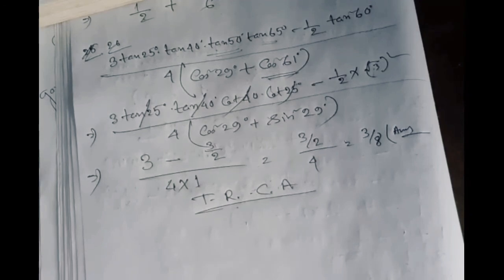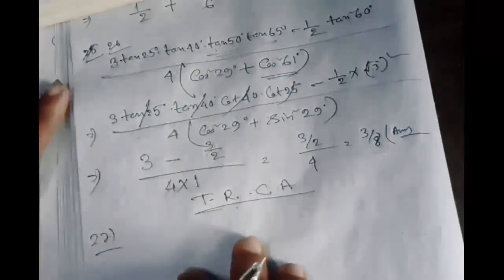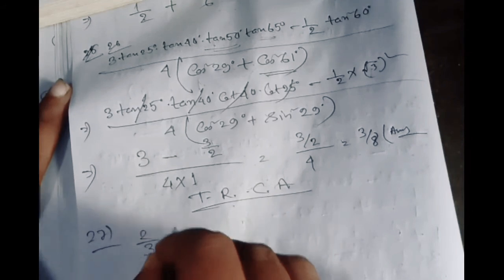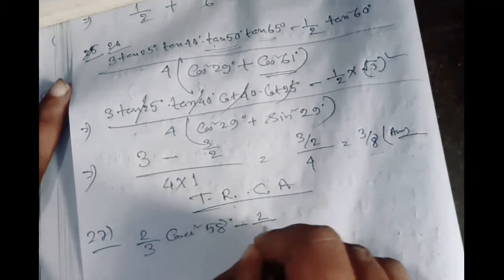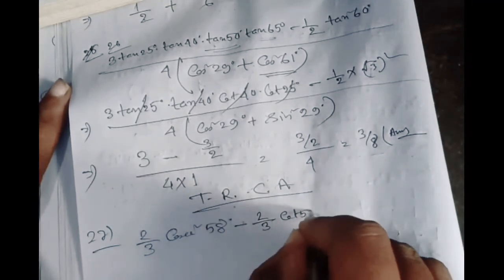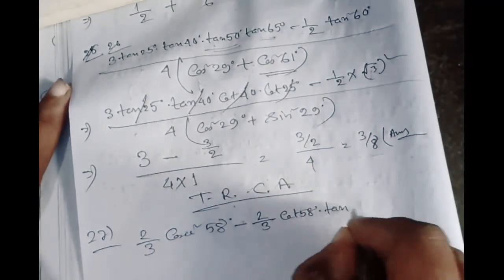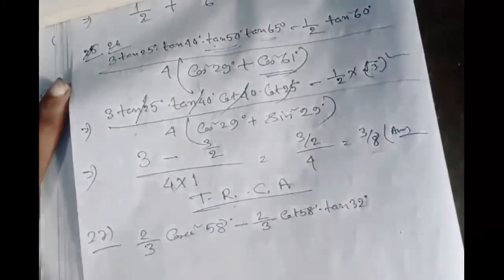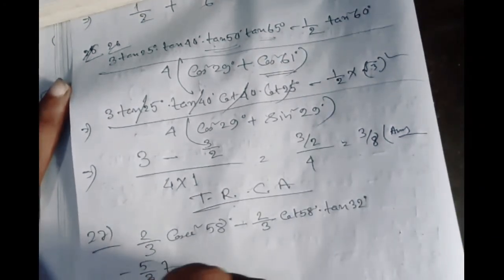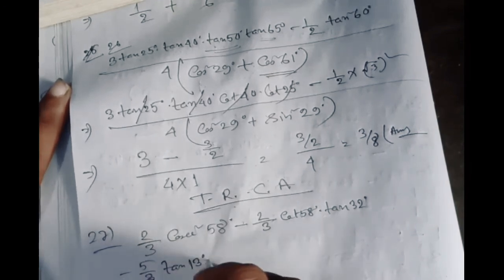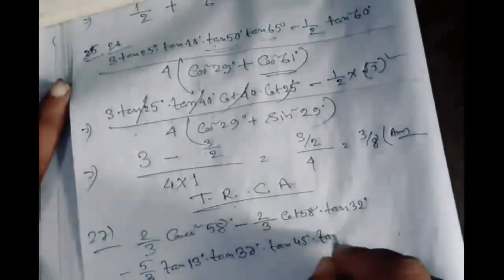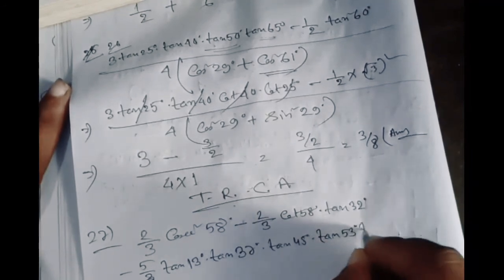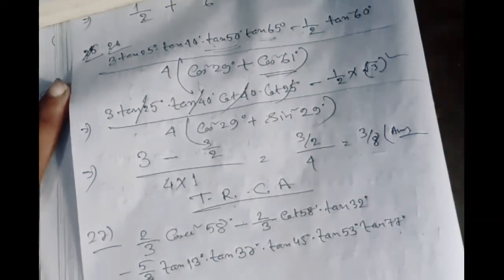Question number 27. 2/3 cosec square 58 degree minus 2/3 cot 58 degree tan 32 degree minus 5/3 tan 13 degree tan 37 degree tan 45 degree tan 53 degree tan 77 degree.